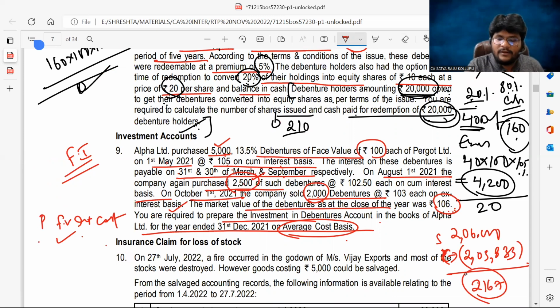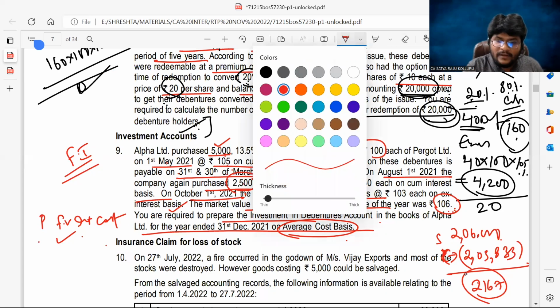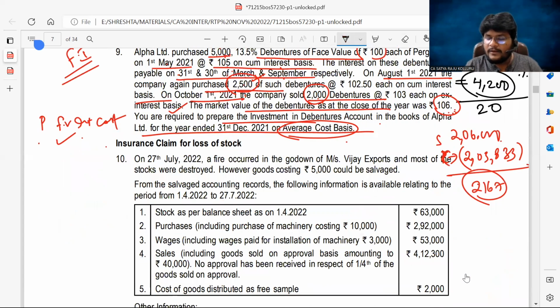Now, what is the entry, sir? Please all of you concentrate. The entry is bank account 2,06,000 to investment account 2,03,833, or you can pass two entries as well. The entry is bank to investments, investment to P&L.